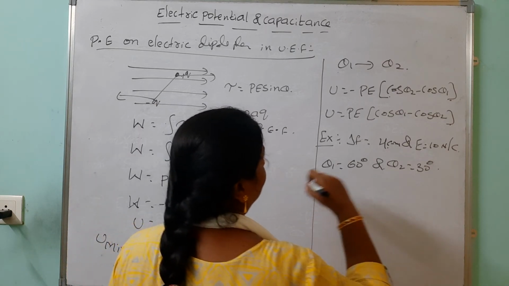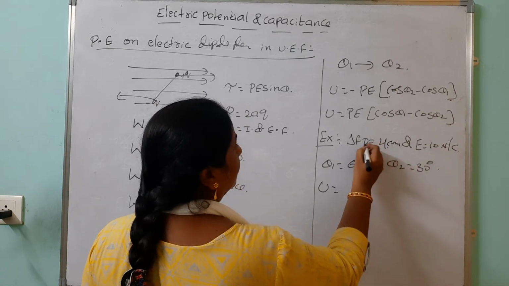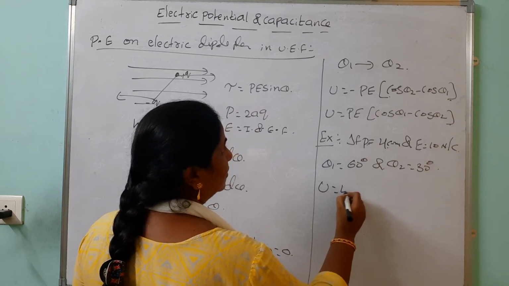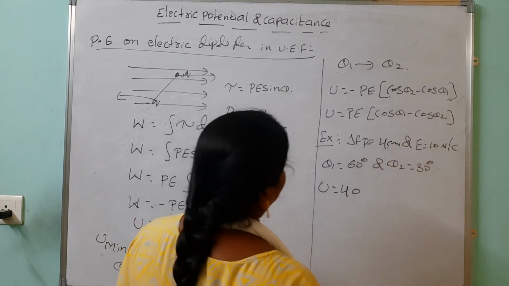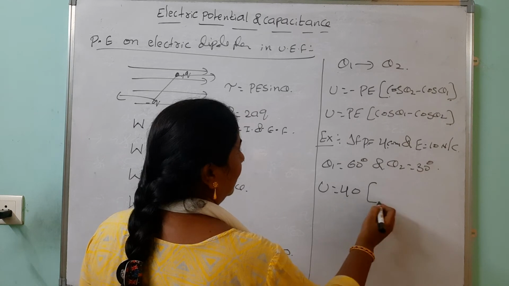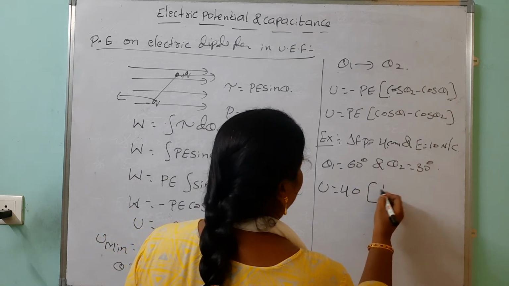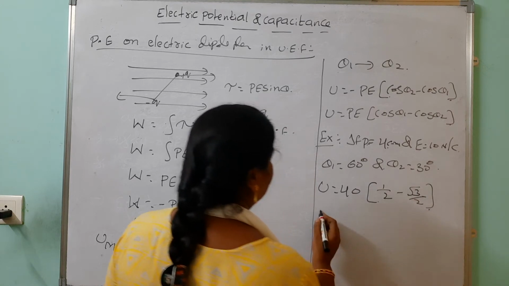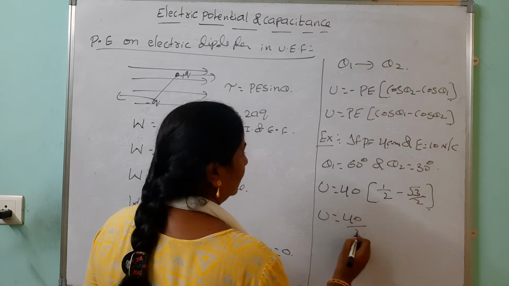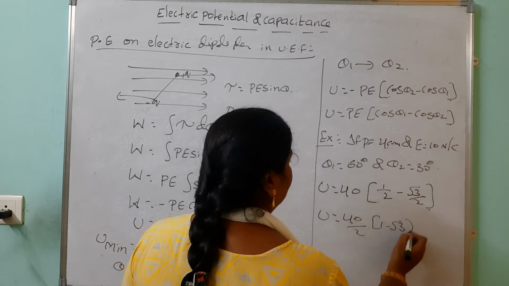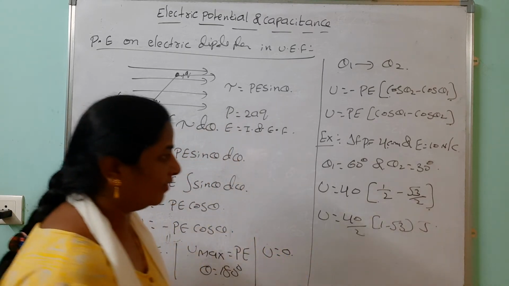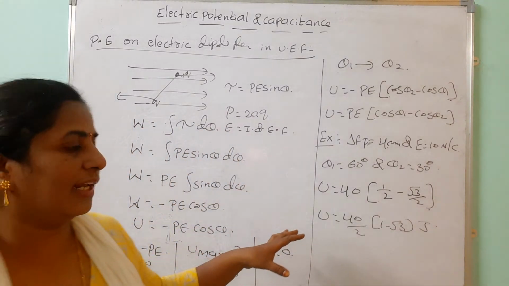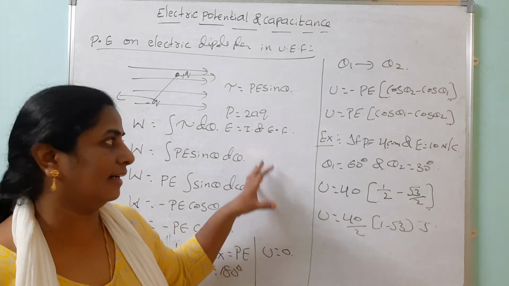Substitute all values. Here P equals 4. P into E, how much? 40. Coulomb meter, not centimeter. Cos theta 1, theta 1 is how much? Cos 60 is 1 by 2. Cos 30 is root 3 by 2. After simplification, 40 by 2 into 1 minus root 3 joules. Like that we can find out how much potential energy is acting on the electric dipole.